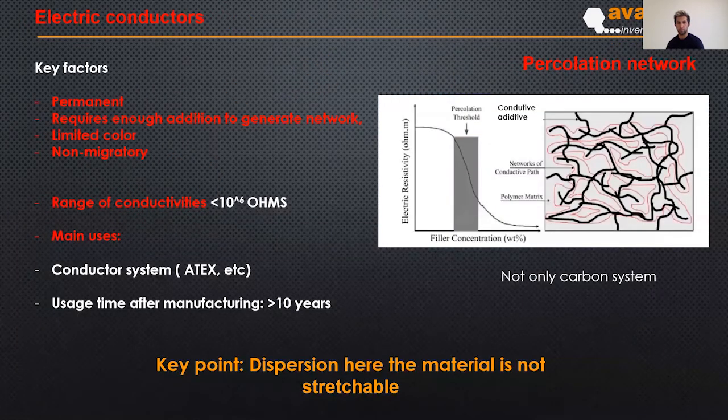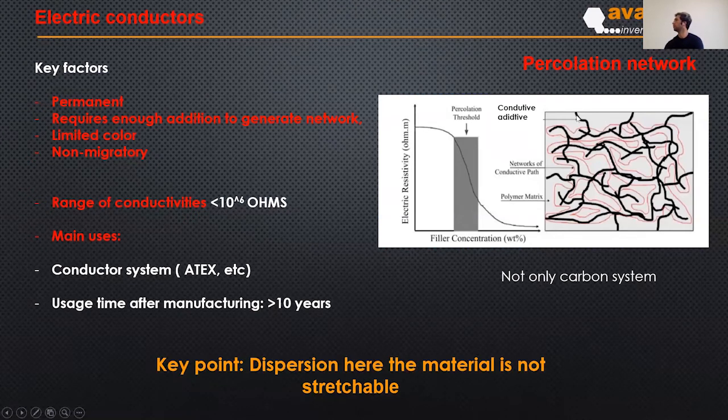Now we are going to talk about electric conductors, real electric conductors. When we talk about real electric conductors, it means that we are going to use materials like carbon black, like graphene, like even copper, because it's possible, that can move the electron from one part to the other. The idea is that we need to, again, generate a network from one part to the other. Our plastic, for example this polypropylene, will never be the conductor.